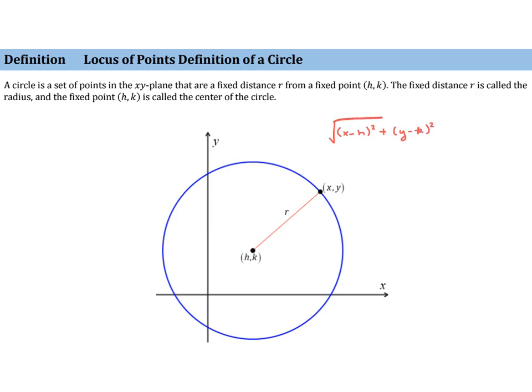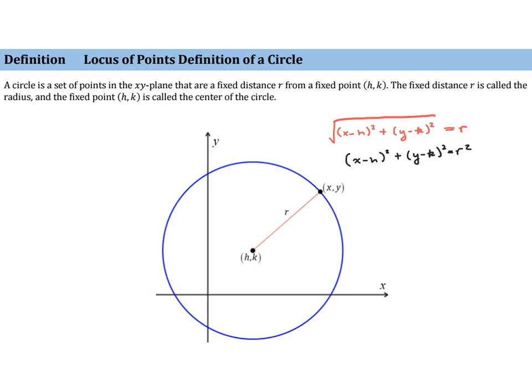And we are told here that the distance between these 2 points is r. So if we square both sides, we get what we know as the equation of our circle. x minus h, quantity squared, plus y minus k, quantity squared, equals r squared.